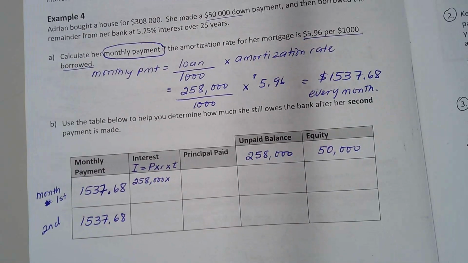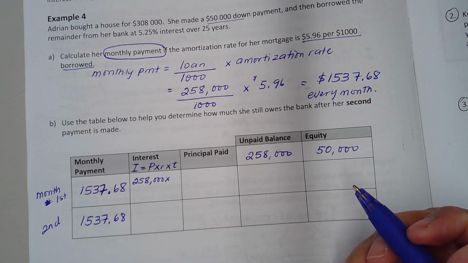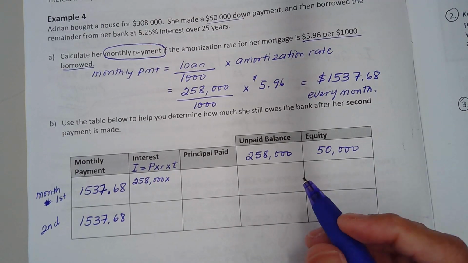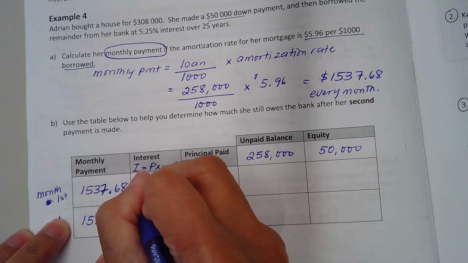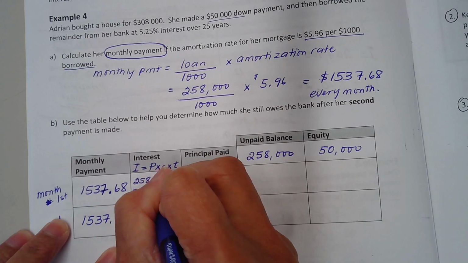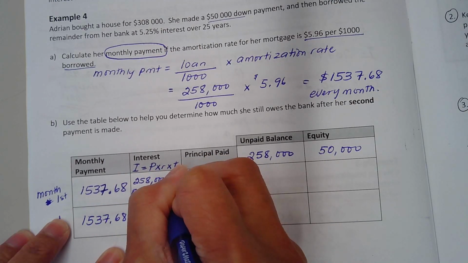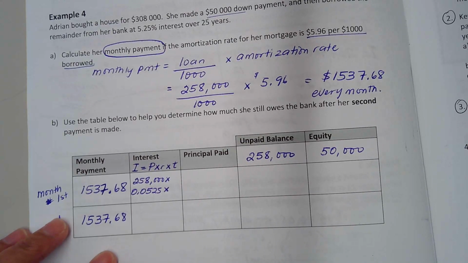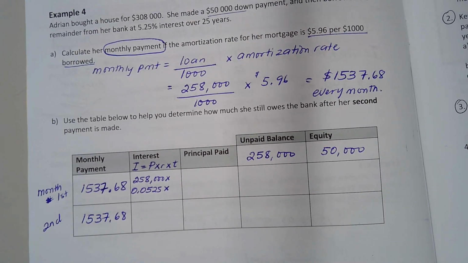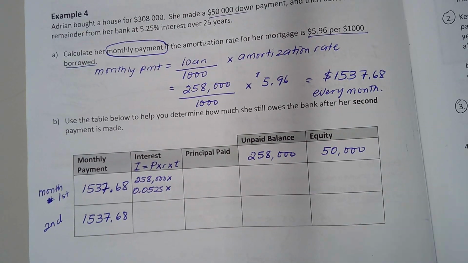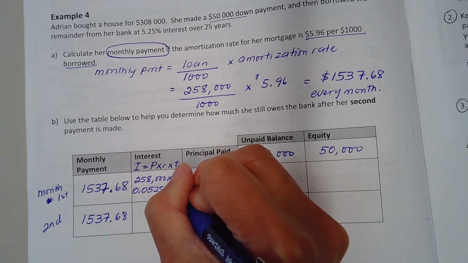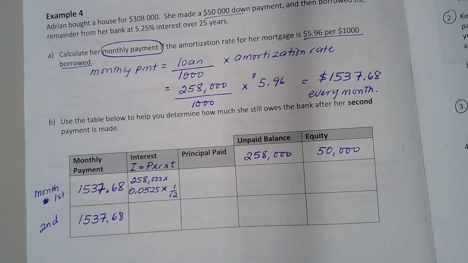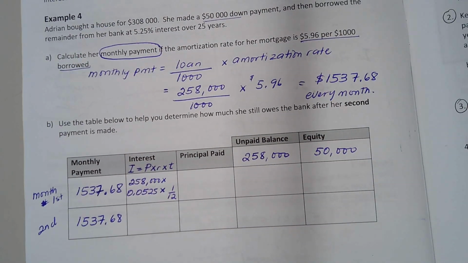So this is going to be 0.0525 times the time. Well, the time is only for the first month, so that's going to be 1/12. Okay, we're running out of room in here.